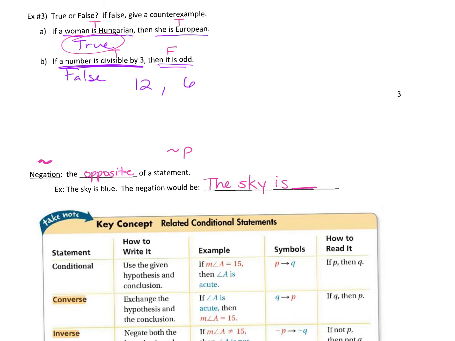Not. The sky is not blue. When you negate, typically all it is is adding that word in or taking it out. Like if I said, the grass is not green, the negation would be the grass is green. So that's a negation.